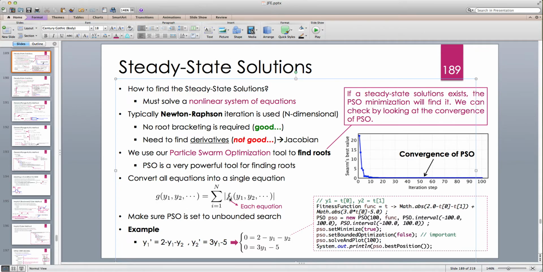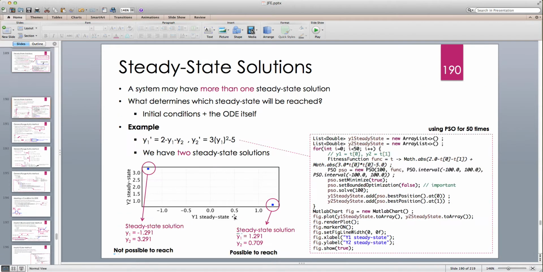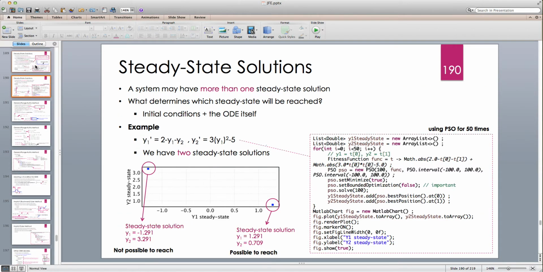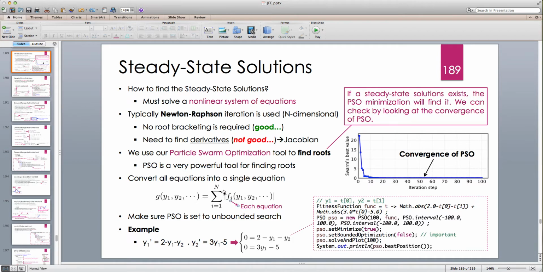We can, for example, take the absolute value of each equation f of i equals 0 and sum them up, because if there are functions that are never negative and their sum is 0, then each one of them should be 0.